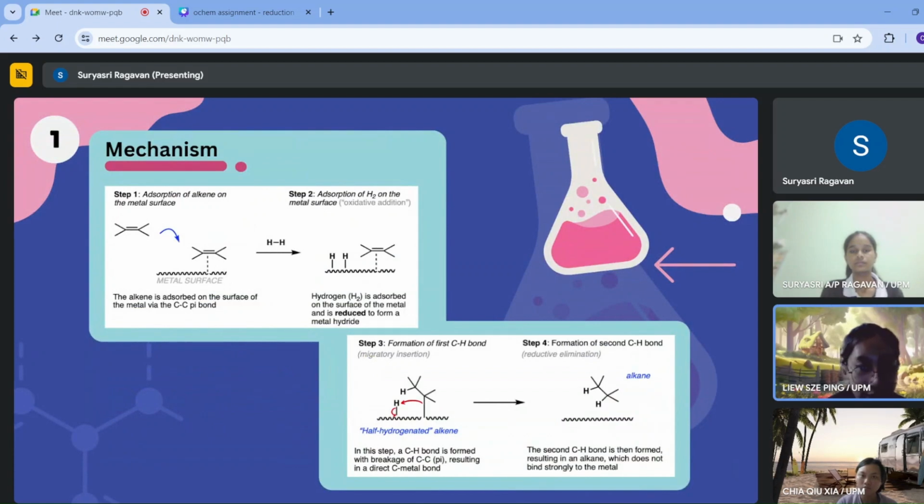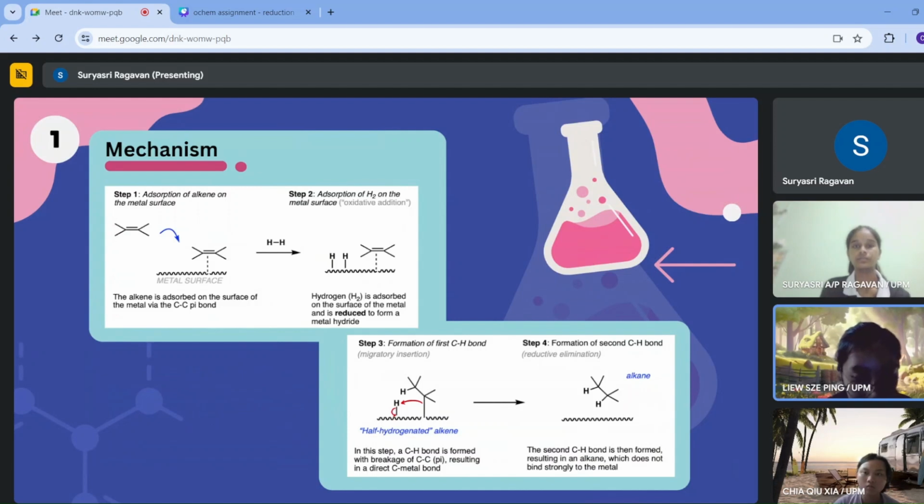Here's the mechanism. In the first step, adsorption of alkene on the metal surface, and the second step is adsorption of hydrogen on the metal surface and is reduced to form a metal hydride. The third step is the formation of the first CH bond.